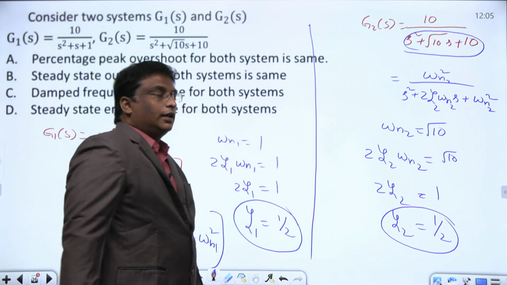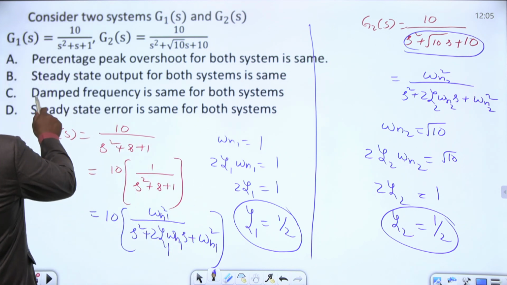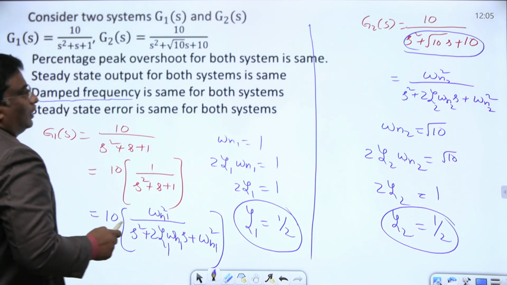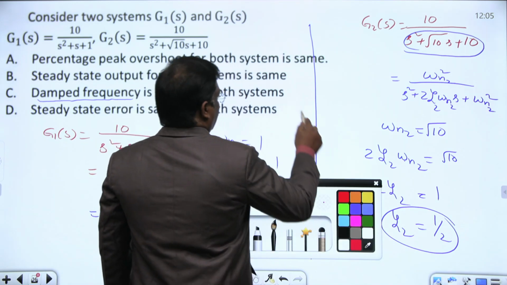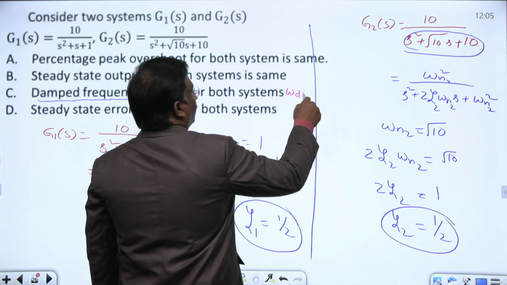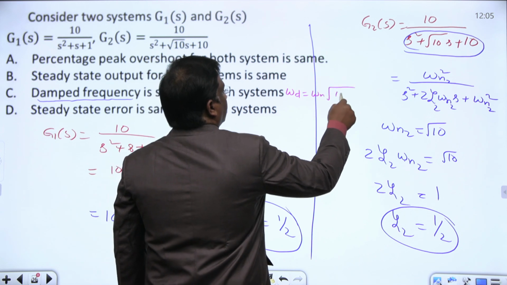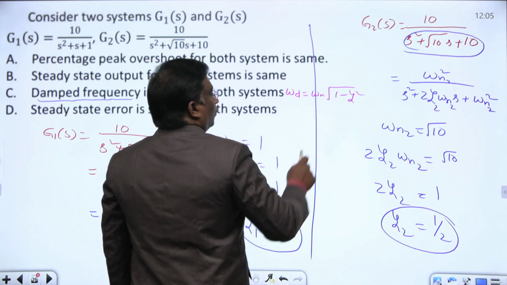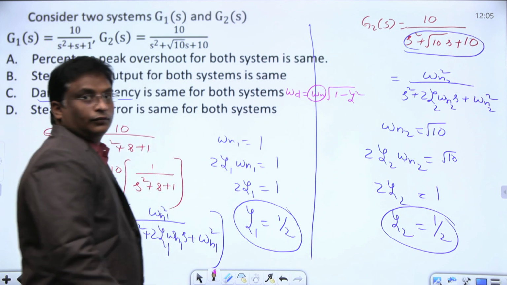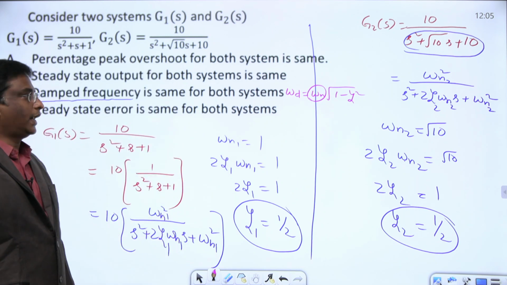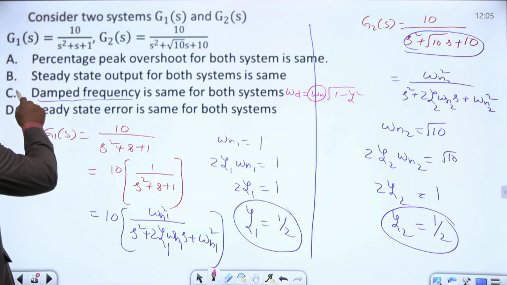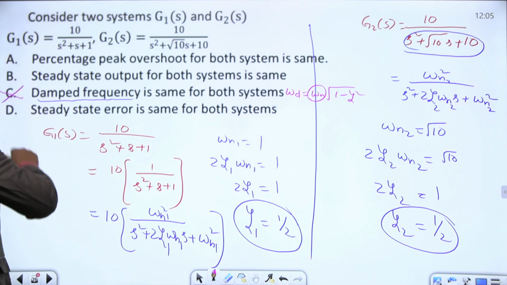See this option, damped frequencies. How to calculate omega d, the damped frequency? Omega n into square root of 1 minus zeta square. Omega n's are different: for this one omega n1, for that one omega n root 10. Therefore, damped frequency same is the wrong answer.